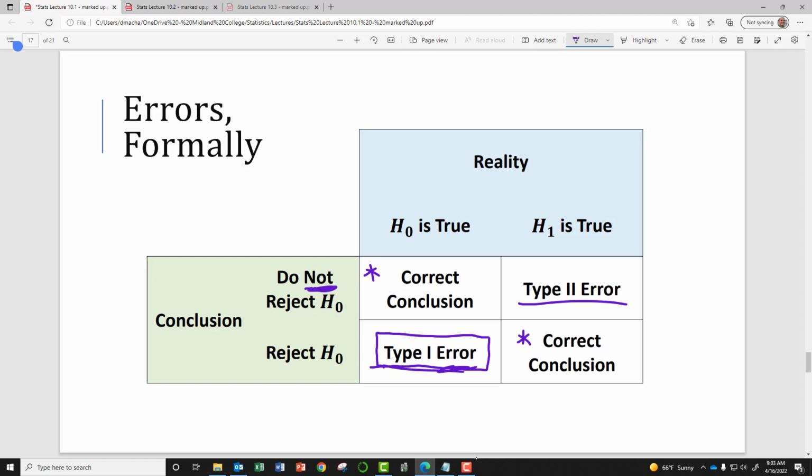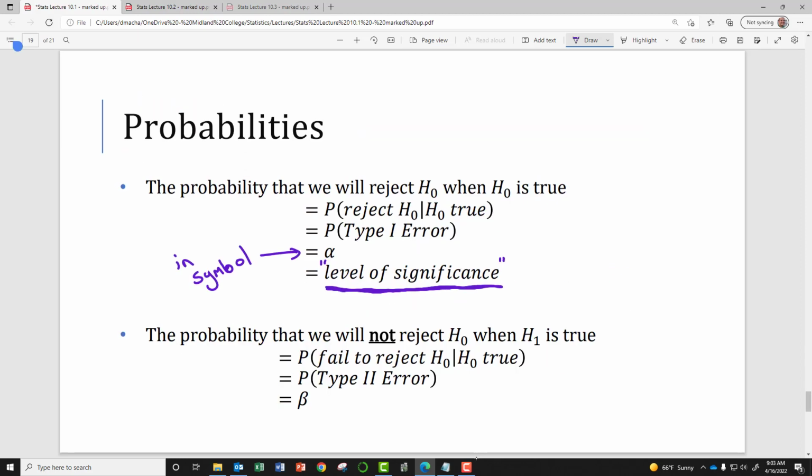So when the alternative hypothesis is true, but we do not reject the null hypothesis, that would be a type 2 error. So this probability is the probability of a type 2 error, and we represent it in symbol with a Greek letter lowercase beta.